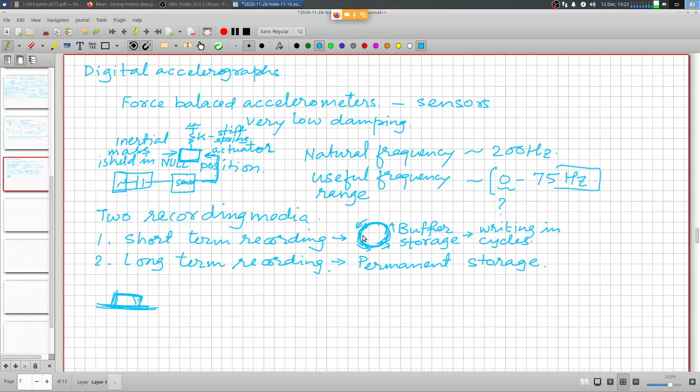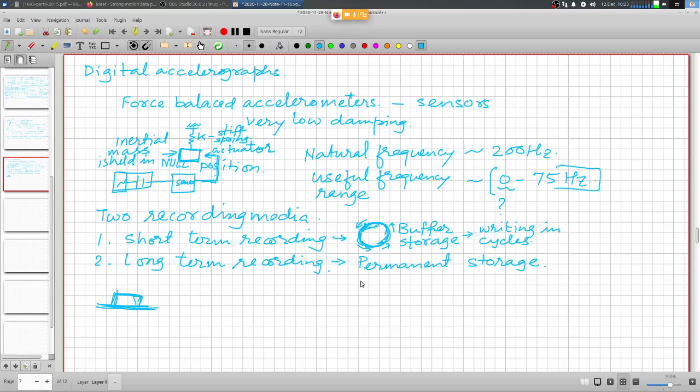It will move some part of this pre-event memory, as we call it, into the permanent storage, and then start recording from that point onwards on the permanent storage, right?